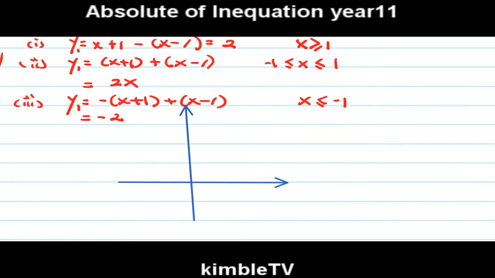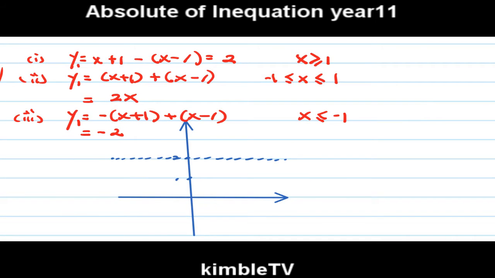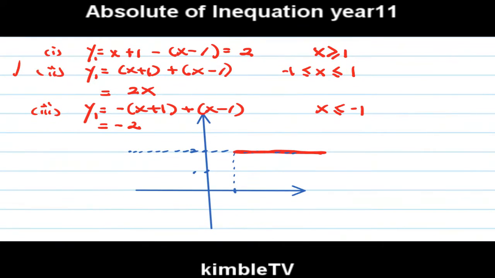Y equals 2 has this line, but x must be greater than 1. This one greater than 1. Therefore, only this line is valid.